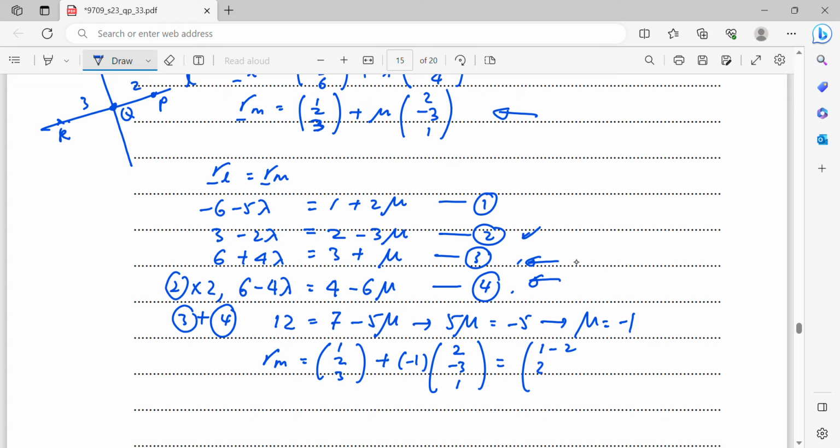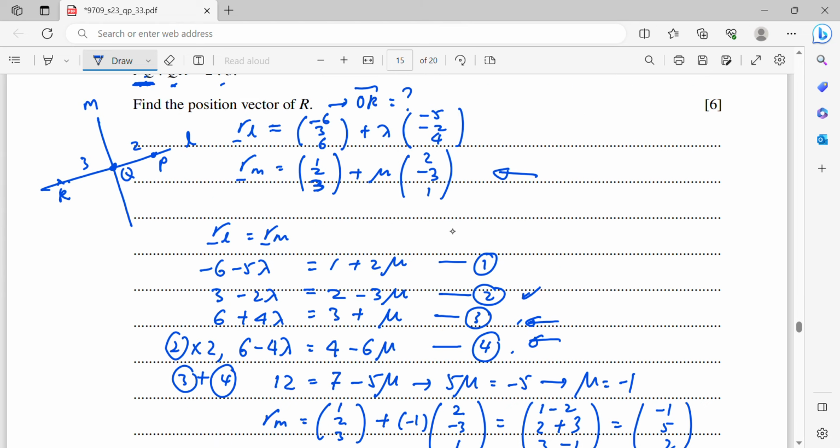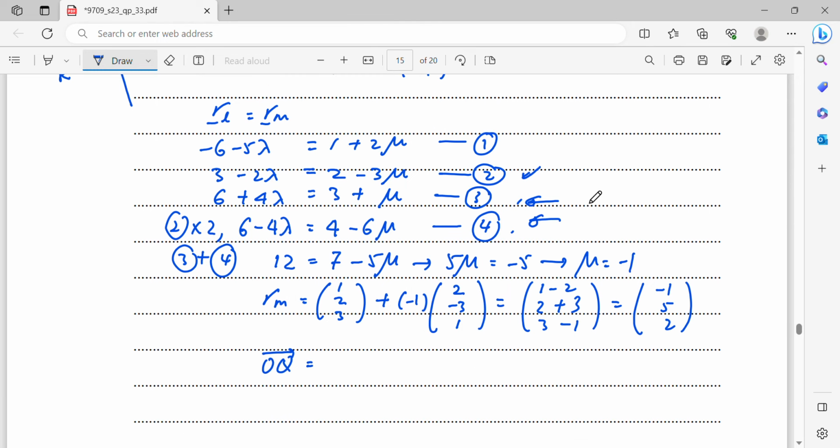Then the second row, minus 1 times minus 3 will be plus 3. Then the last row, it will be 3 minus 1. Then at last, it will be minus 1, 5, 2. And this is my OQ. Because the intersection point Q is on both lines, the intersection point is Q. So now I have found my OQ with position vector minus 1, 5, 2.